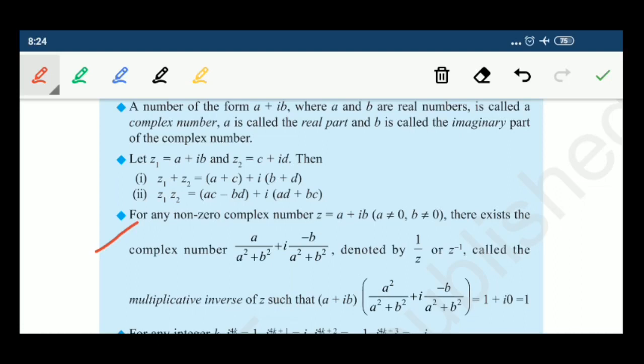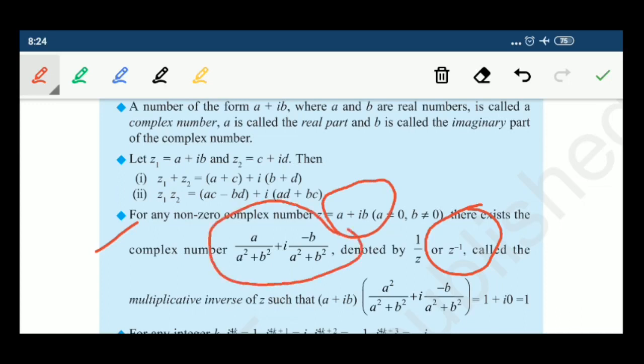What is that? When you find the inverse of a given complex number, suppose z is your given complex number, so this is your multiplicative inverse of a complex number. So please note it down, it is very, very important.